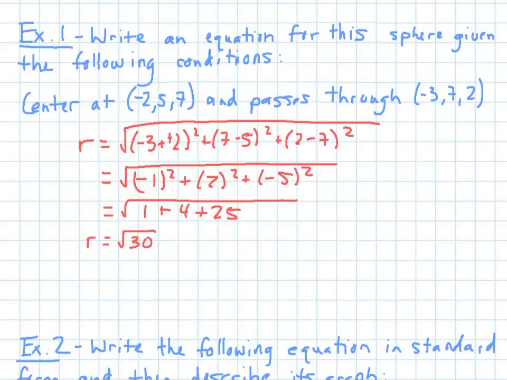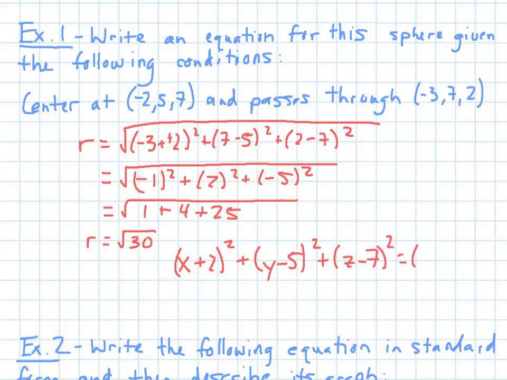Now using that and your point, you can plug in your point and your radius. Remember, because there are minuses, they're always the opposite, so it's x plus 2, not x minus 2, squared, plus y minus 5 squared, plus z minus 7 squared, equals the square root of 30 squared.